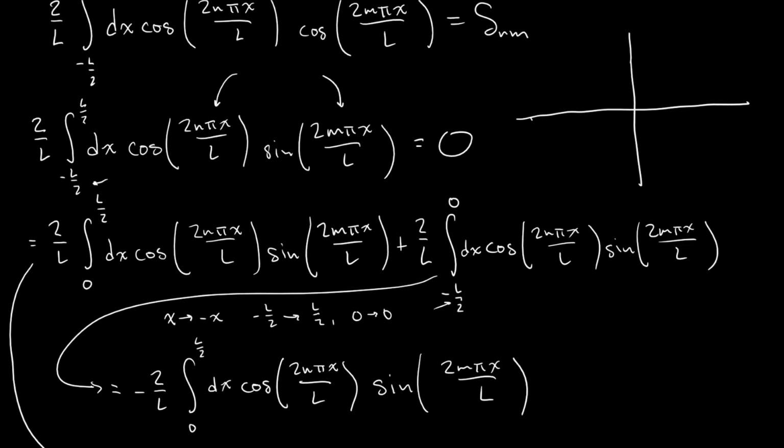So if I have some anti-symmetric function, maybe it looks something like this between these two points, you can see that this part is always going to exactly cancel this part, and this part is always going to exactly cancel this part. So no matter what, due to the anti-symmetry of the function, it has to always give me 0. End of story. Very important thing to keep in mind to simplify integrals.